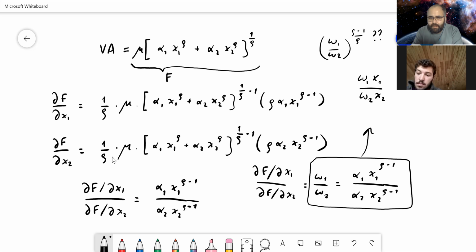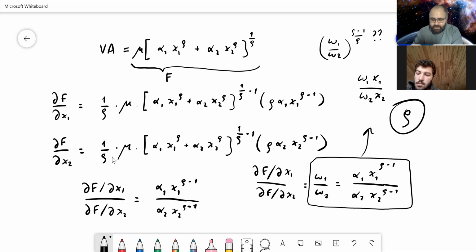Then you're going to realize you cannot find alpha 1 and alpha 2 independently from rho. Rho is the problematic parameter here. But if you assign a particular value to rho, then you can find a definitive relationship between alpha 1 and alpha 2.